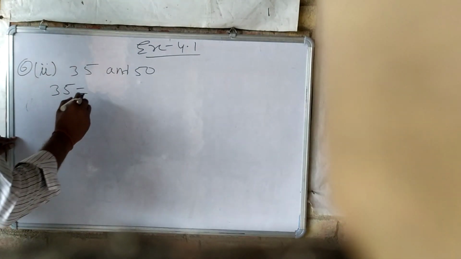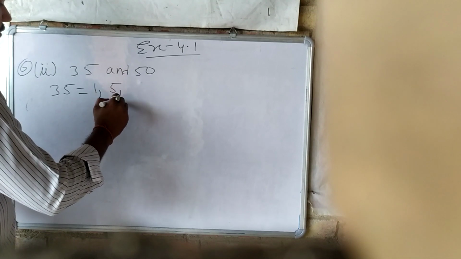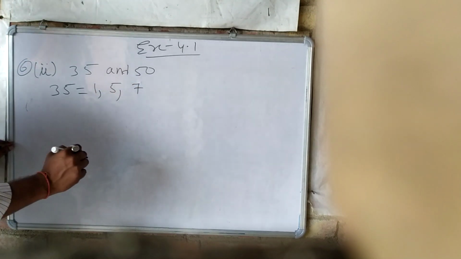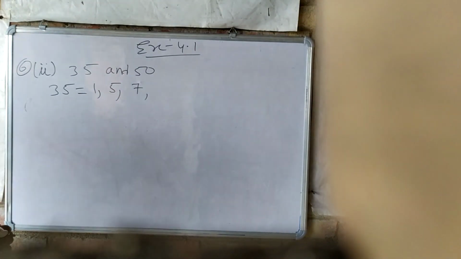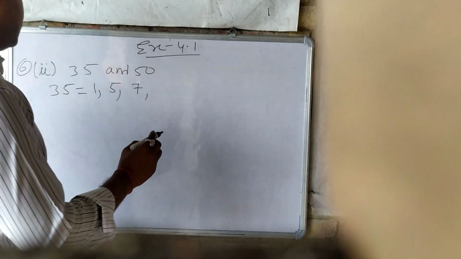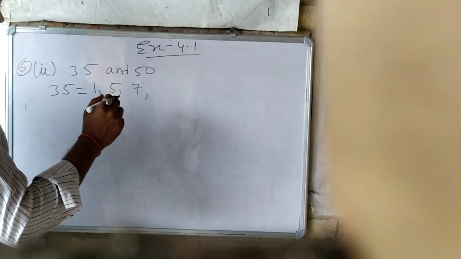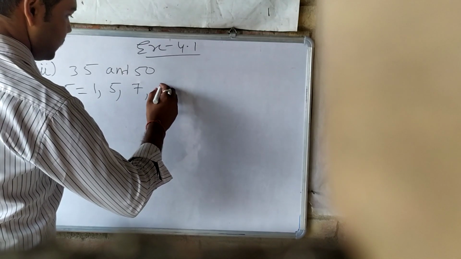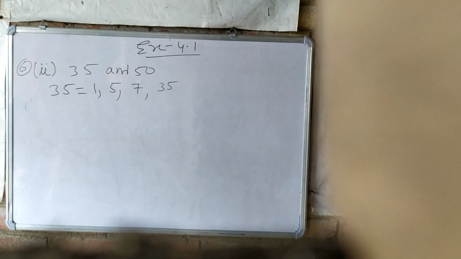The factors of 35 are 1, then 5, then 7, then 35. I think only 35 can be the factor. 1, 5, 7 and 35.